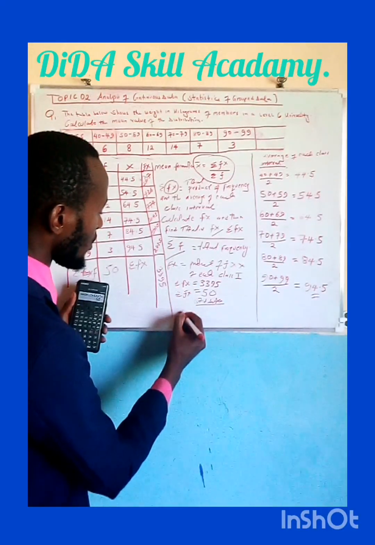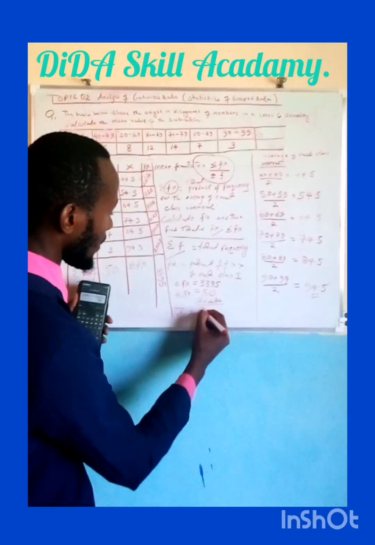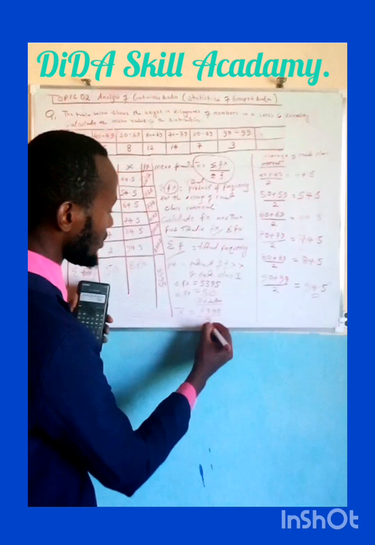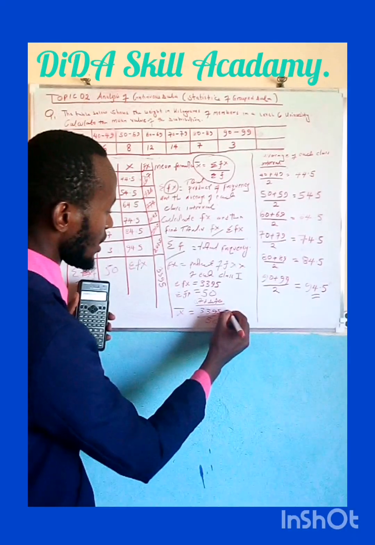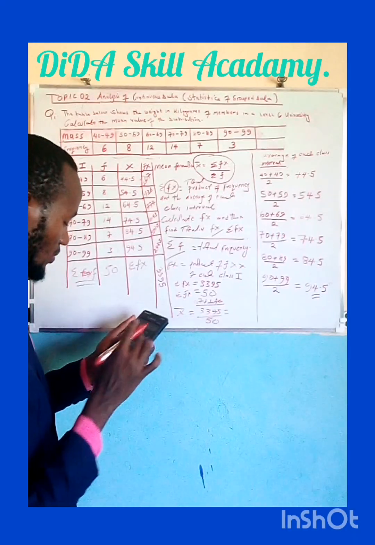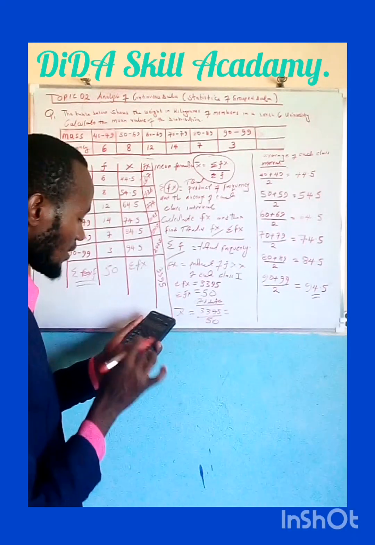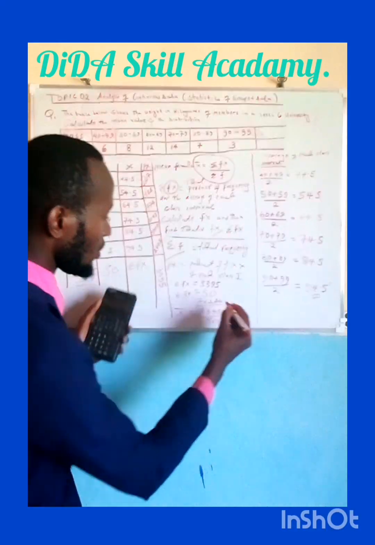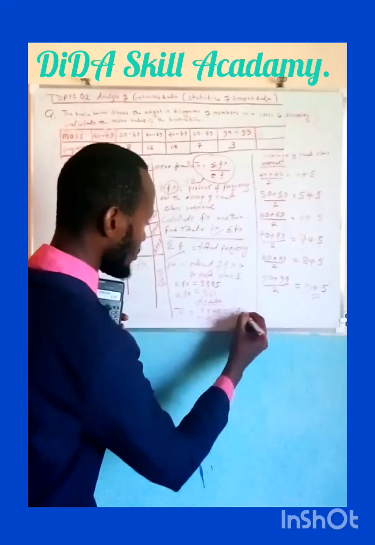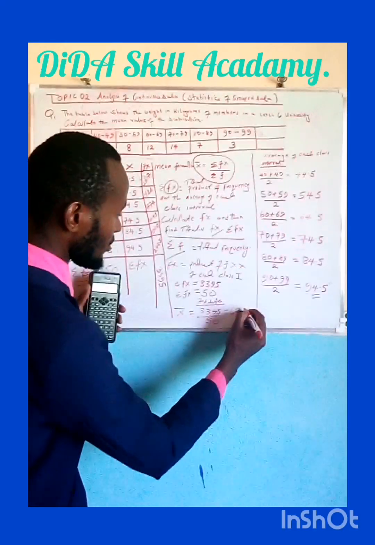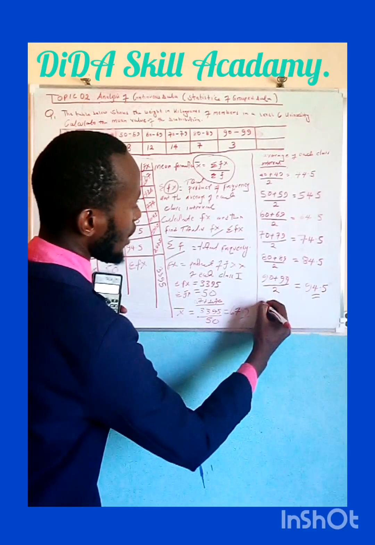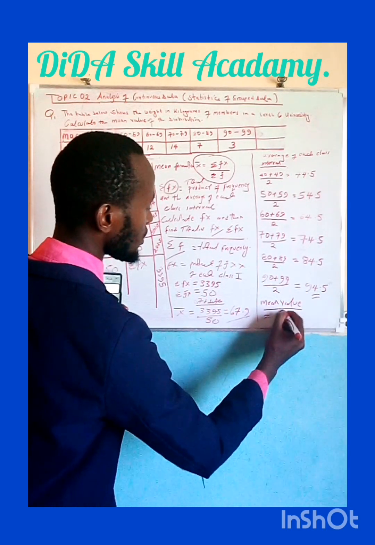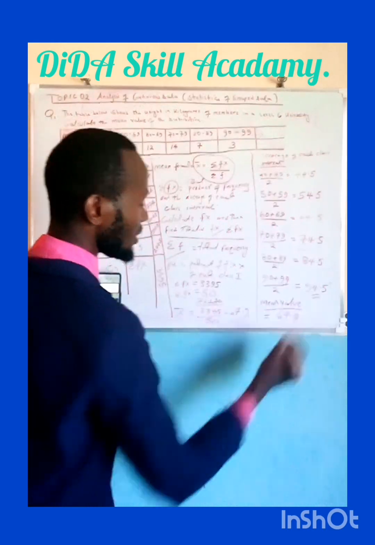Therefore, we just substitute into the formula, whereby our mean value will be 3395 divided by 50, which is our total frequency, and therefore our mean value will be 67.9.